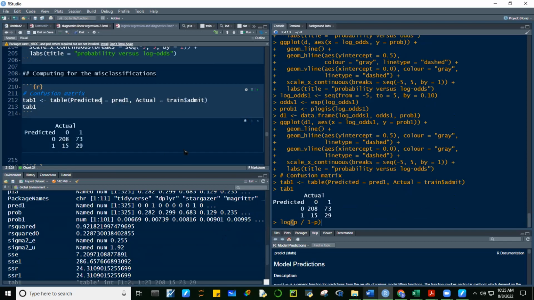Okay, take a look at this. Okay, on the x-axis, we have predicted 0 or 1. On the y-axis, okay, actually baliktad, no? So nasa rows si predicted, nasa column si actual.